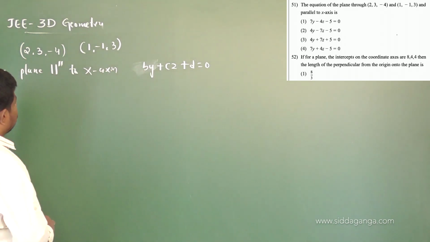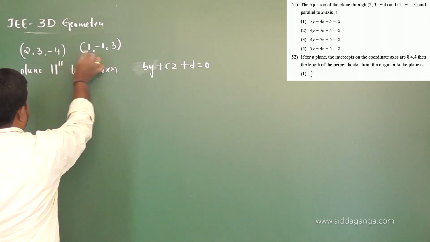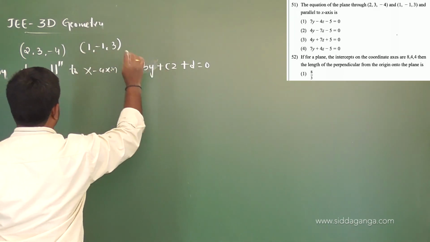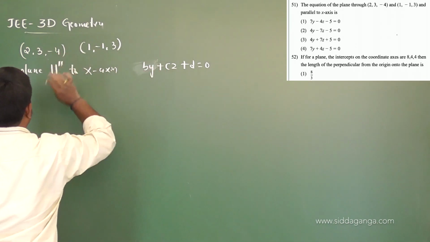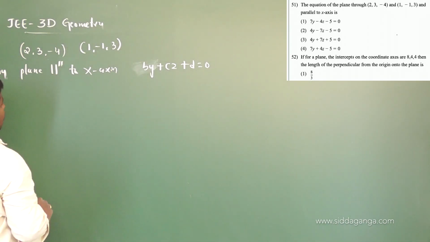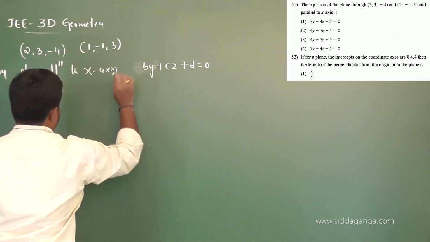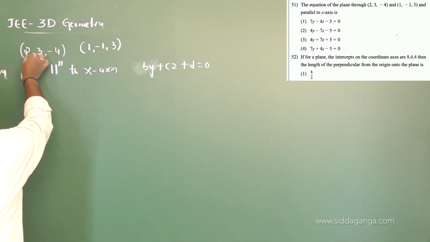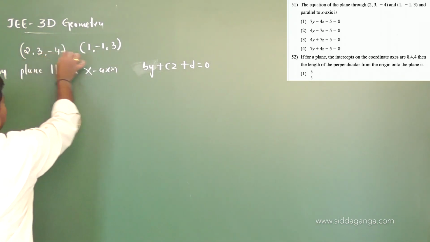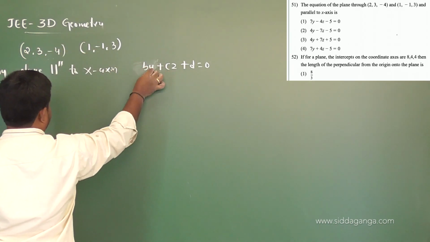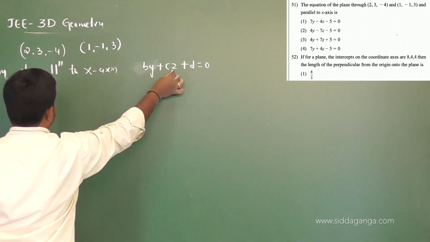Now this plane is passing through these 2 points, and hence these two must satisfy this equation. In place of y, you take 3, in place of z, you take minus 4.